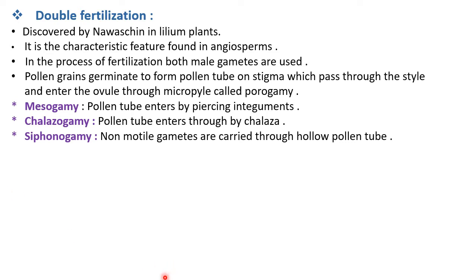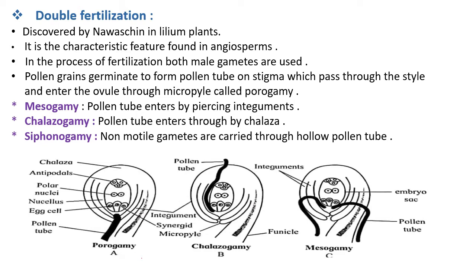In the first diagram, we see that the pollen tube enters through the micropyle. In diagram A, we can clearly see that the pollen tube enters through the micropyle. Hence, the phenomenon is called as porogamy.